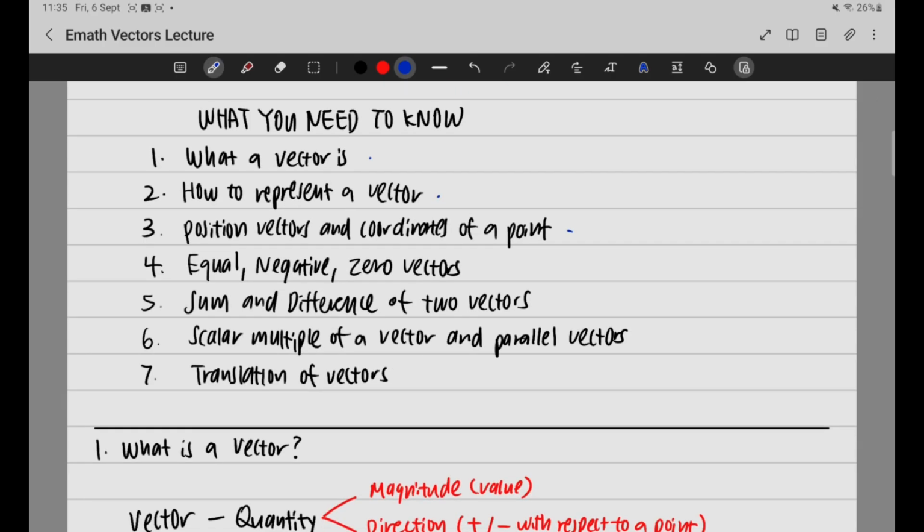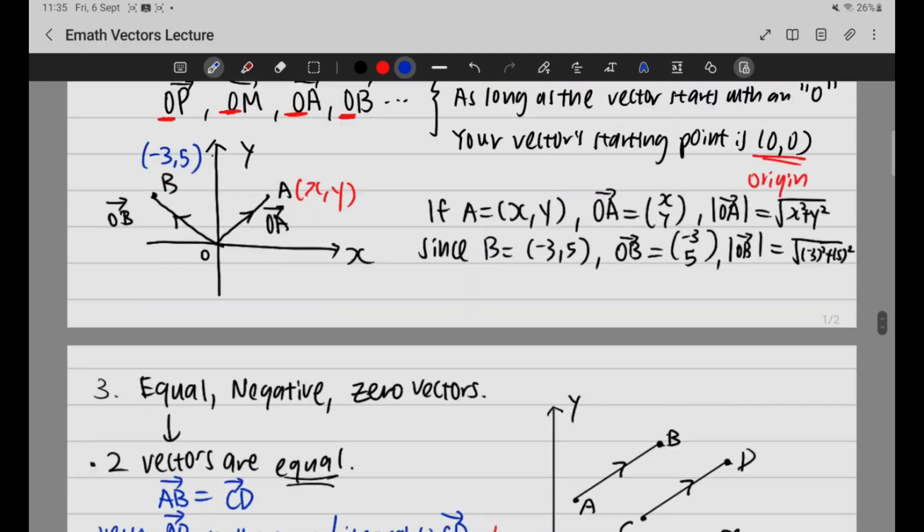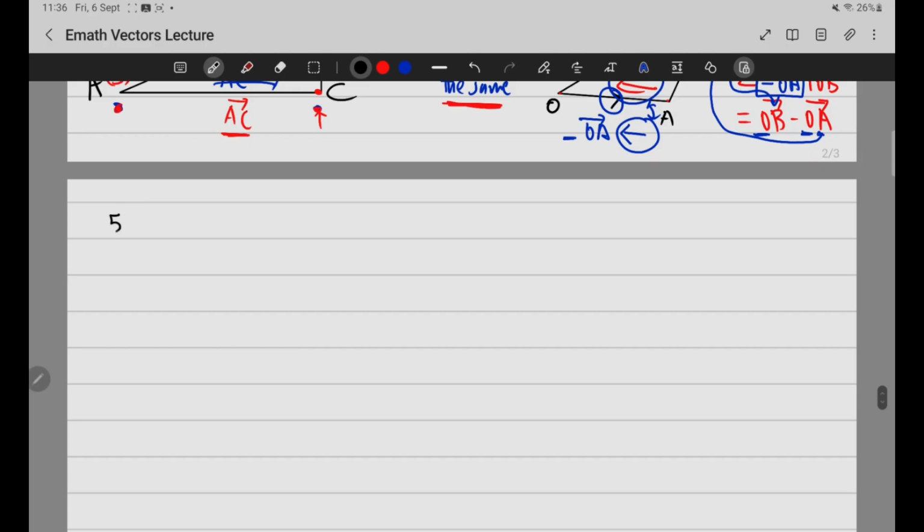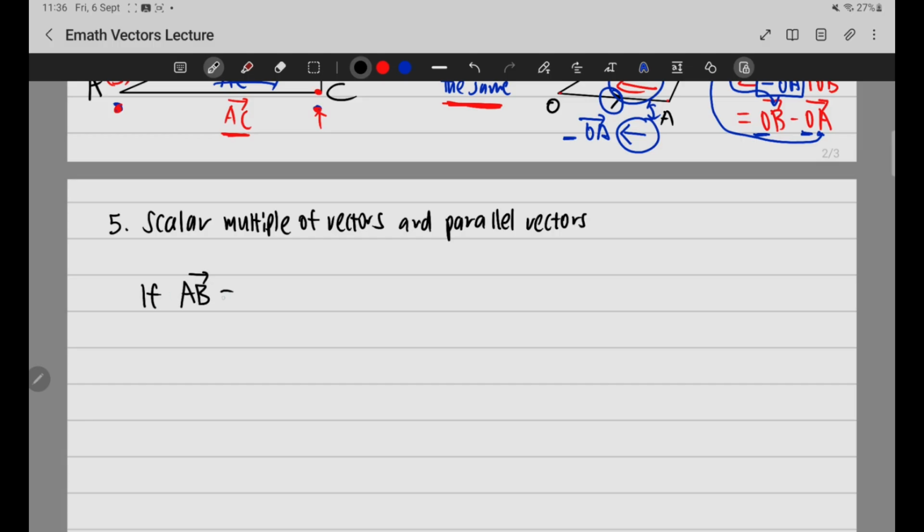Alright, and with that, we can move on to the next one, which is scalar multiple of vectors. So scalar multiple of vectors, what does that mean? Number 5 will be scalar multiple of vectors and parallel vectors. So now consider this situation. If AB equals 2 of CD, what can you say about these two?